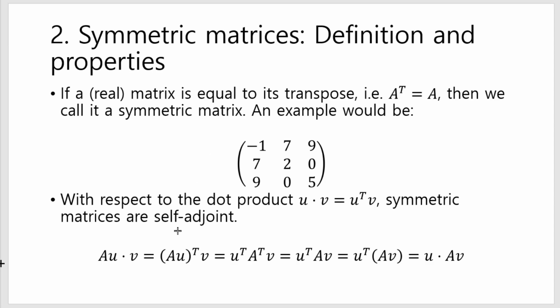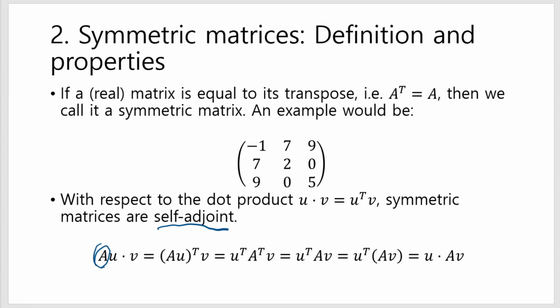What it means is basically this: I can move the A to the other one. If you have two vectors dotted and A multiplied only on one side, you can move it to the other one, and the final outcome is the same. So that's what self-adjoint means.